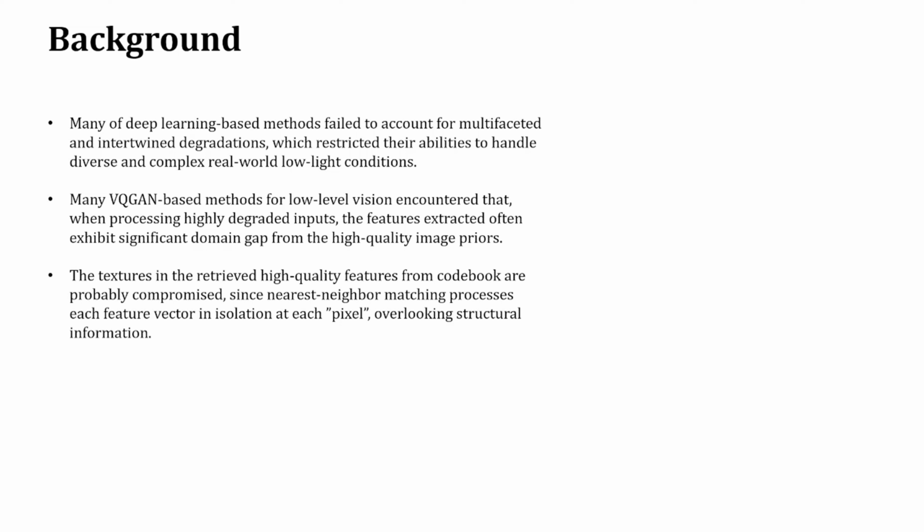How to effectively map the features from the low-quality domain over to this high-quality one for retrieval is also a domain adaptation problem. Third, the textures in the high-quality features we retrieve from the codebook might be compromised, because nearest neighbor matching processes each feature vector on its own at every pixel and totally overlooks the structural information.